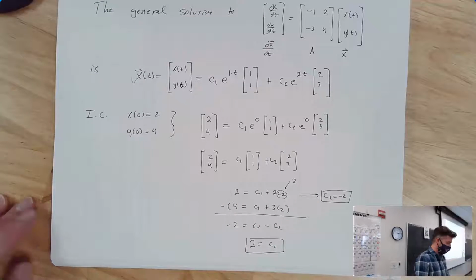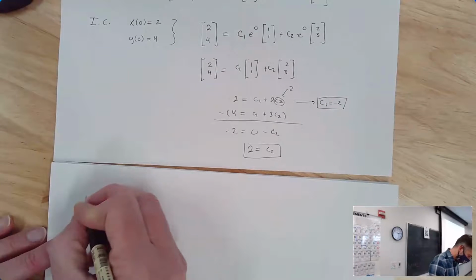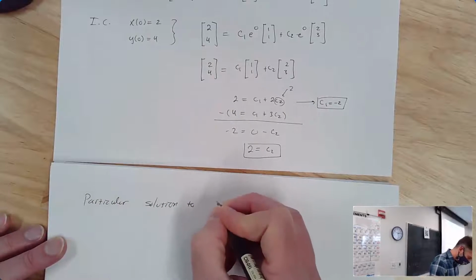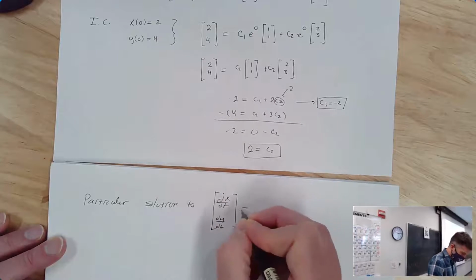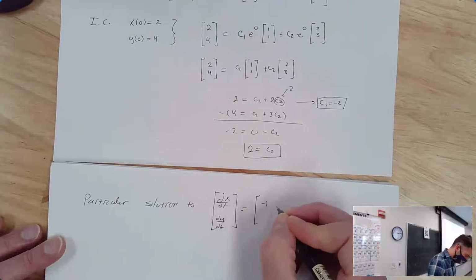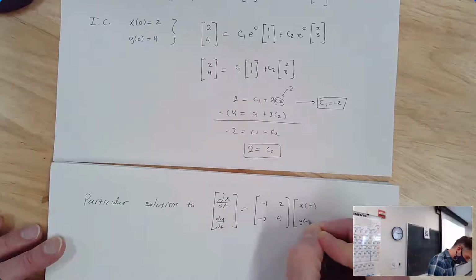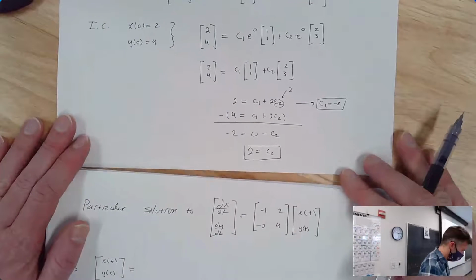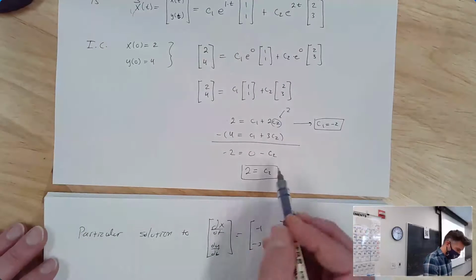Great, so here is our final particular solution. The particular solution to dx/dt, dy/dt equal to the matrix -1, -3, 4 times x of t, y of t is x of t, y of t equals all of this with the particular values for C1 and C2.